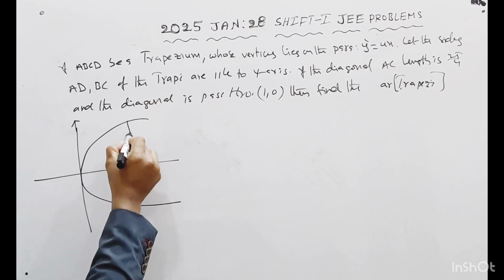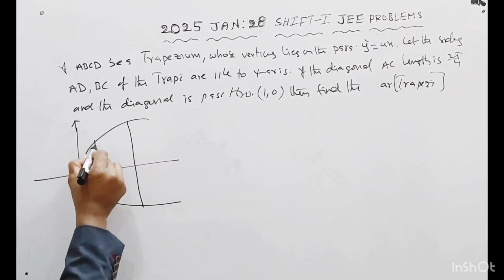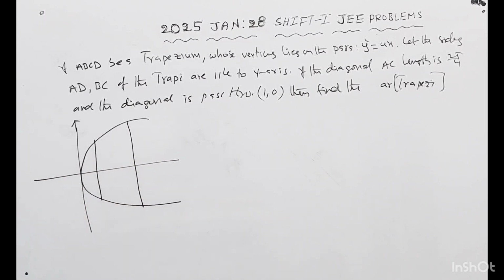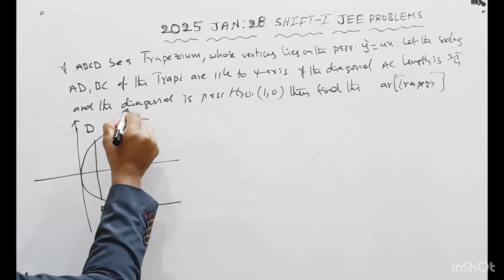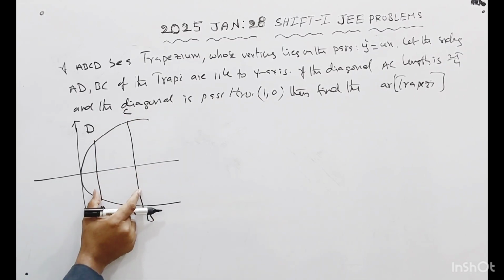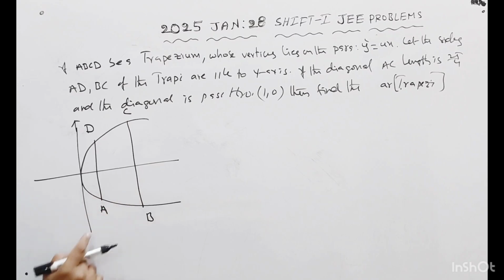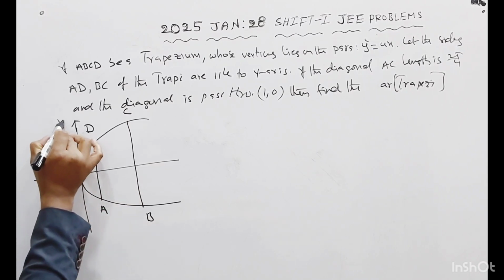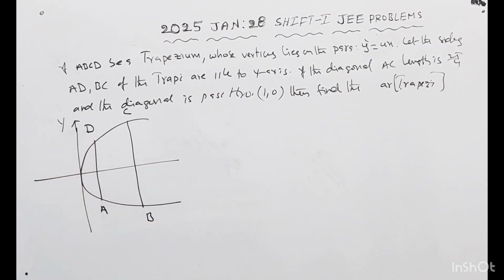See this one, I am taking two lines like that, one is AD and one is BC. Both these sides of the trapezium are parallel to the y-axis. This is the y-axis.